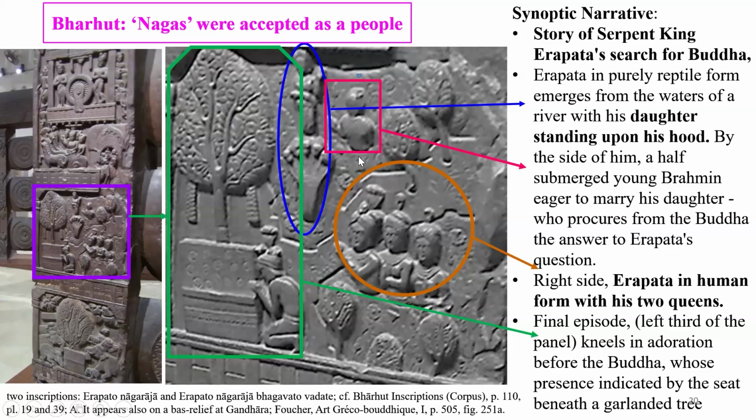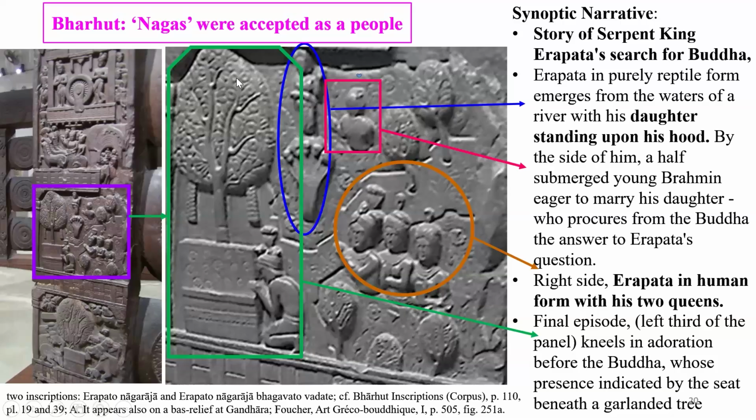And the story is that this king wanted an answer from Buddha about one of his doubts about the religion. And the Brahmin offered to get him that from the Buddha if he would let him marry the daughter. So the Brahmin obtains that answer, and here he is shown in his human form with his 2 queens.